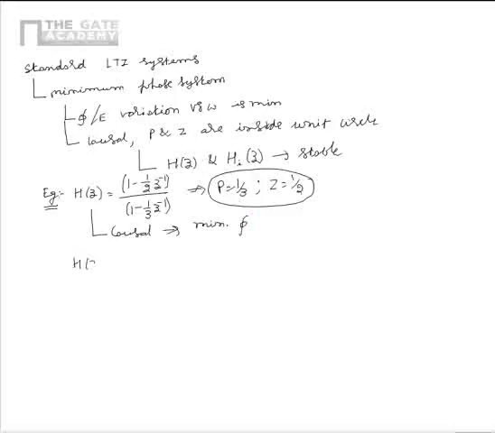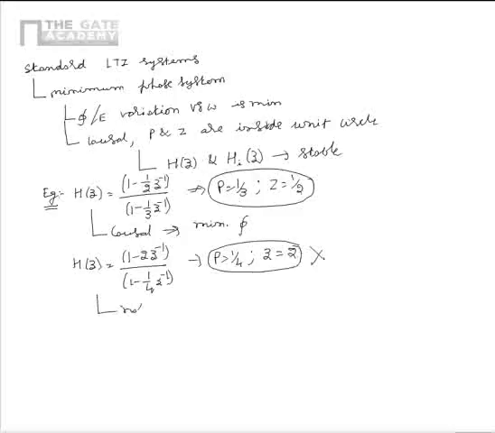If you take another causal system, H of z is equal to 1 minus 2z inverse divided by 1 minus 1 by 4 z inverse. Here we see that the pole P is located at 1 by 4 and the zero is located at 2. Here we see that as poles and zeros are not inside the unit circle, we can say that the system is not minimum phase system.